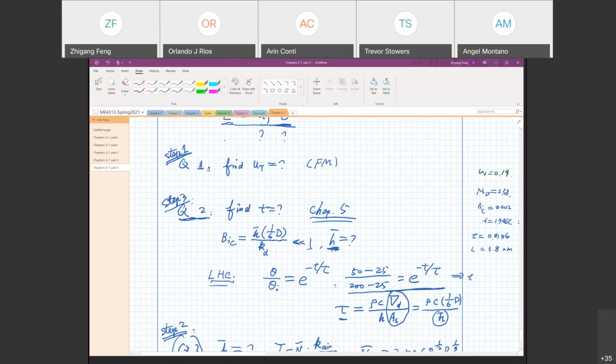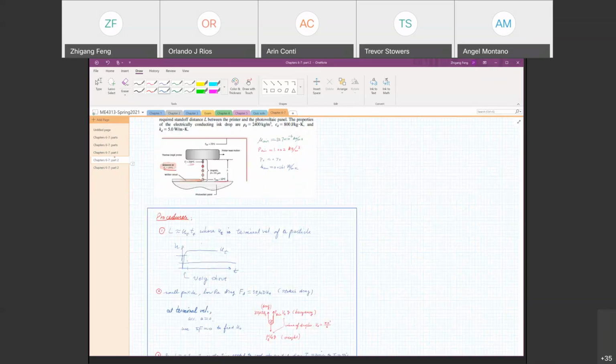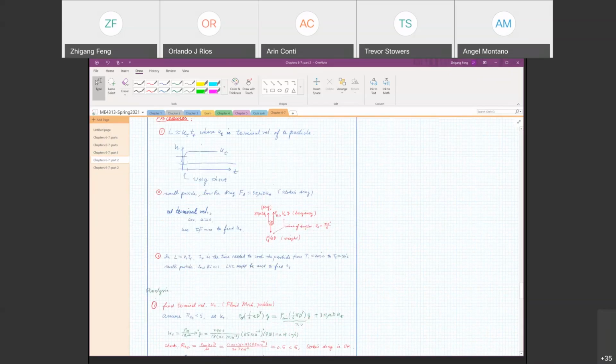And the final step, we are in a position to find the length, which equals the terminal velocity multiplied by the time t. Okay, so that's the process. Now I already solved this problem, and since I only have 4 minutes left, I will just show you the details of the calculation.